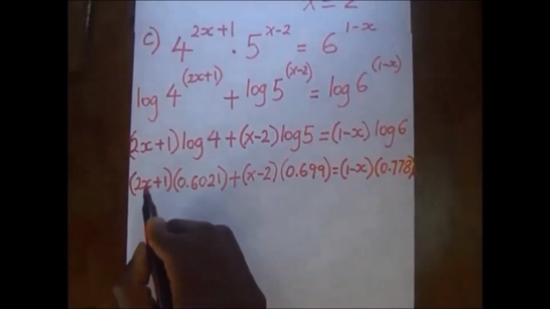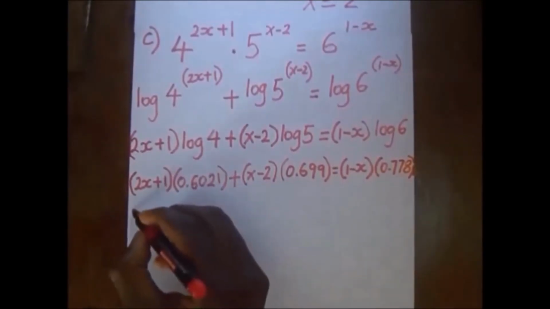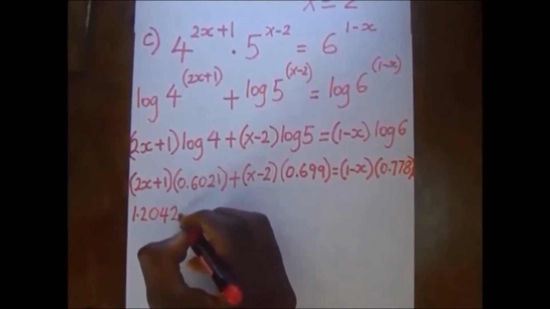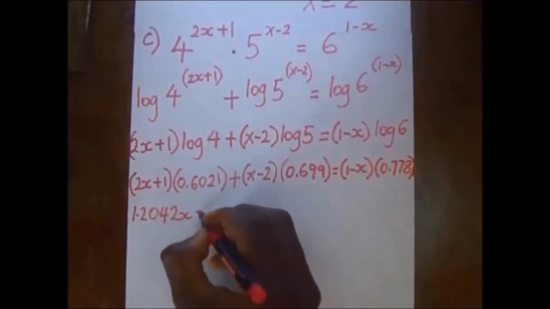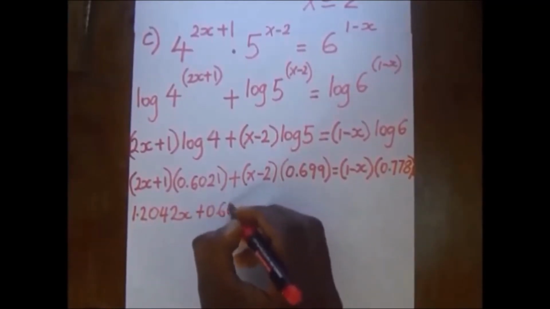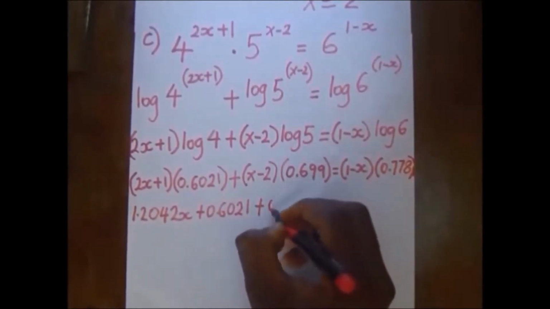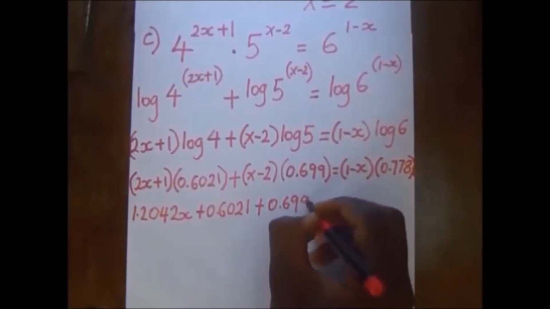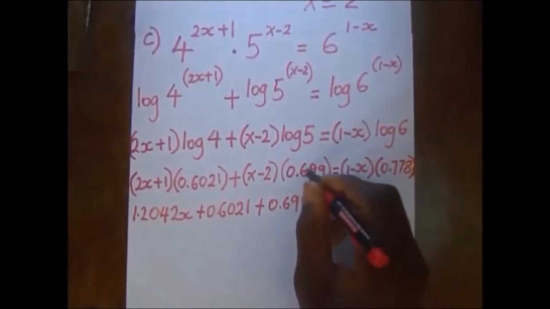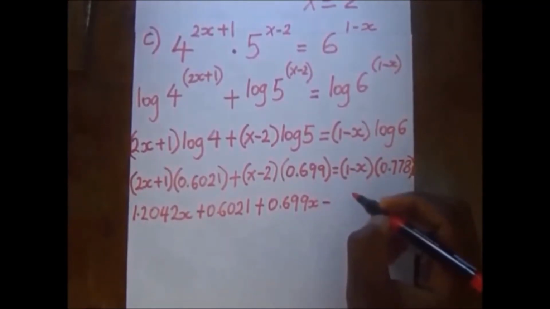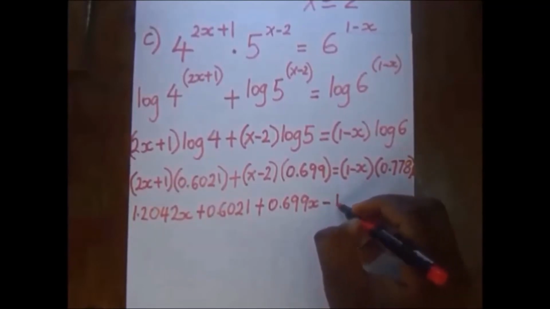So we proceed. 2x times that figure is going to become 1.2042x. This times that is going to become plus 0.6021 plus x times that is going to be 0.699x. This times negative 2 is going to become negative 1.398.